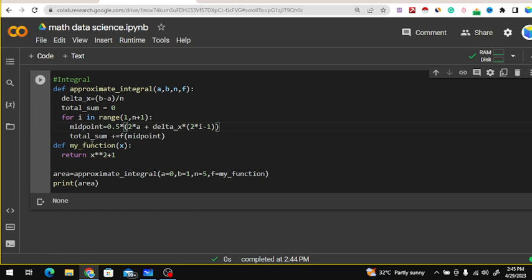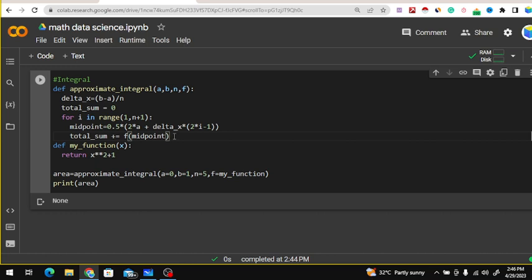It should be closed. Total_sum should be total sum plus f of midpoint. I think it's clear. Okay, I didn't write the return statement here, so return total.